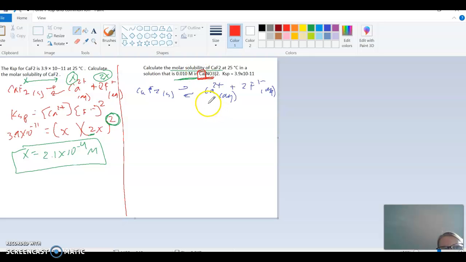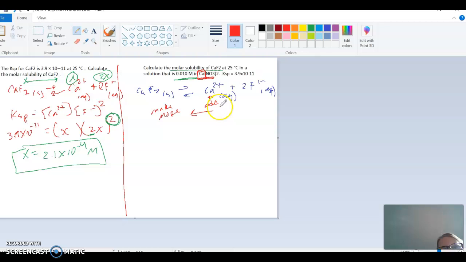So that's like saying I'm going to add to this side of the equation. Well, according to Le Chatelier's principle, if it applies a stress on this side, the product side, it's going to shift to create more of the solid. Which means my molar solubility should have less fluorine actually in solution.